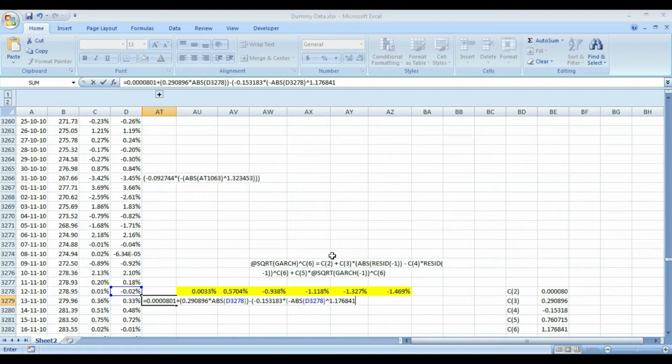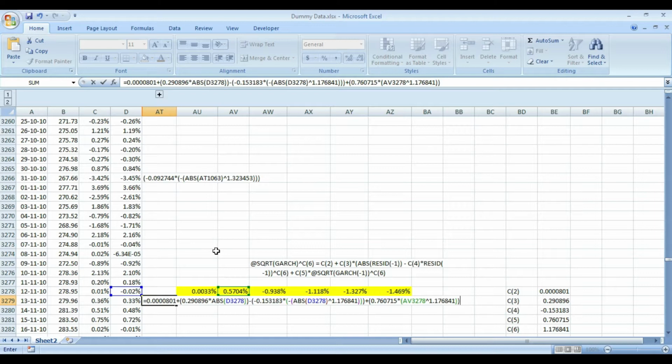So now I will close the brackets there and go to my standard deviation, which is this, and it says to the power of C6, which is 1.176841, right? So I close the brackets, one more bracket for this conjugate to close, and press enter.